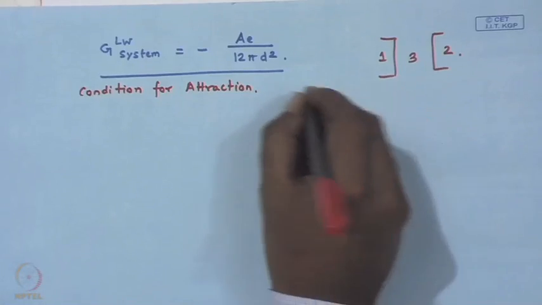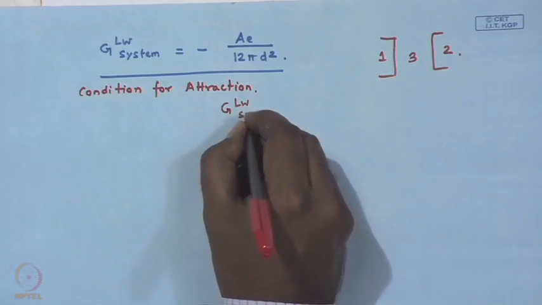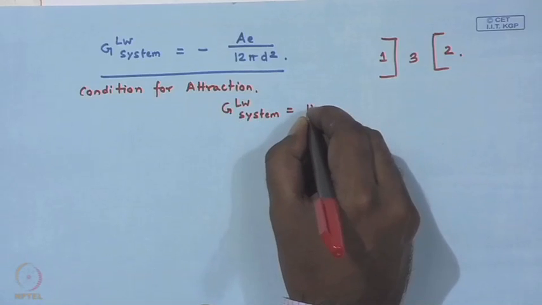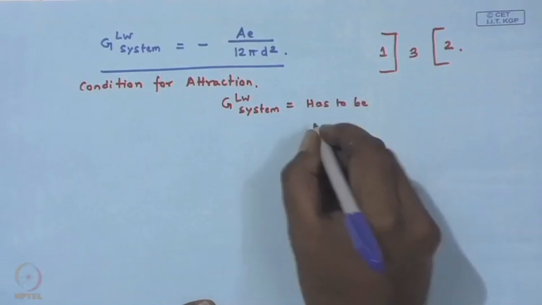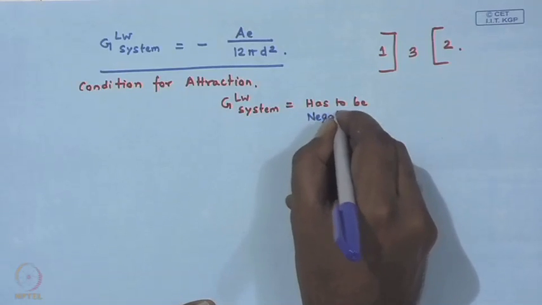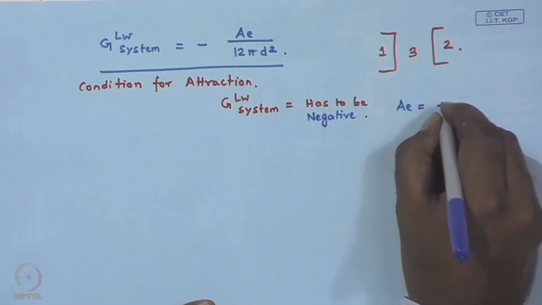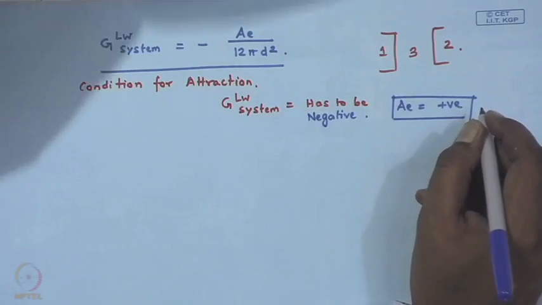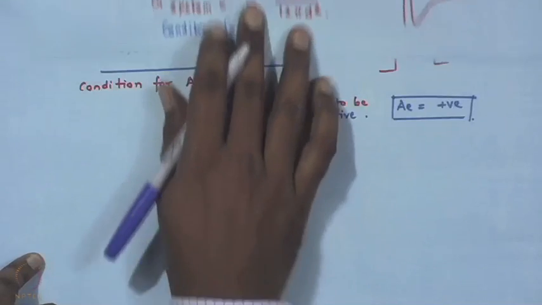3 3. Now, the condition of attraction between 1 and 2 remains that the GLW of the system has to be negative, or in other words, AE has to be positive. Now, you see in this particular case, the expression of AE is given as follows.